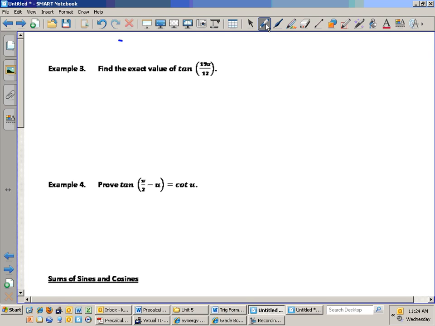Find the exact value of tangent of 19 pi over 12. So I would first convert it to degrees. I would take 19 pi over 12 times 180 over pi. And what do you get? 285. So we really want to do the tangent of 285.